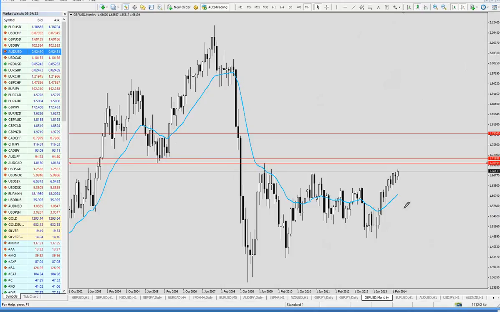Now the thing is, it's again all about the monthly close. It's all about the monthly close. Can we draw something here?